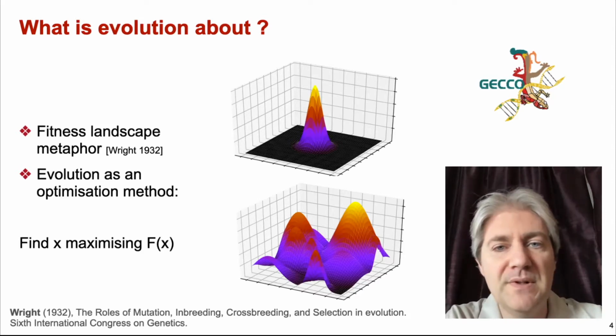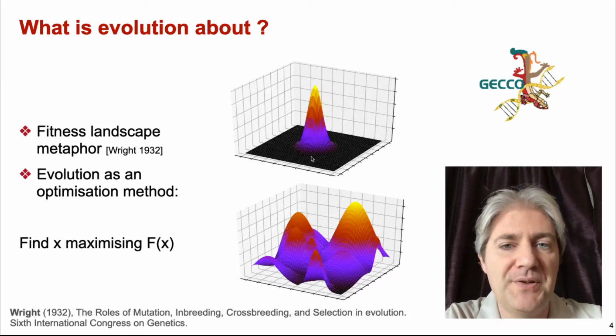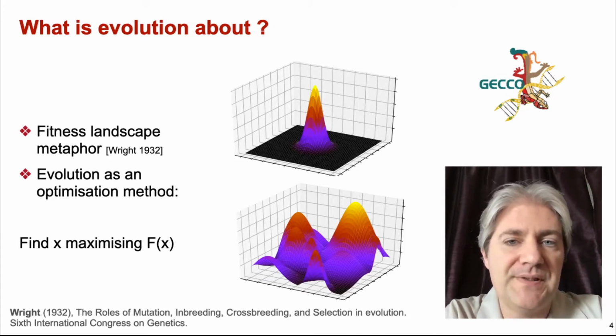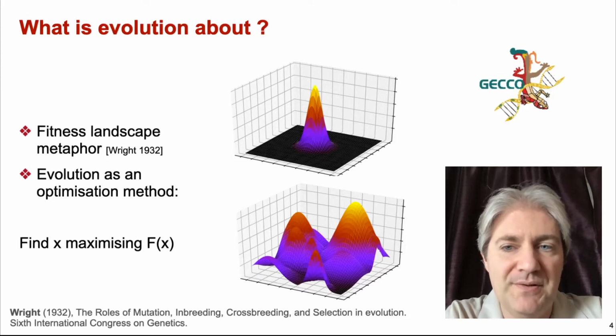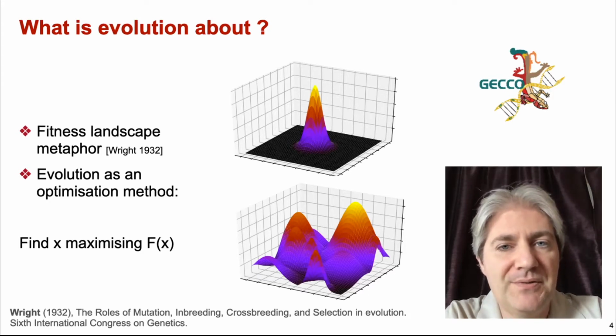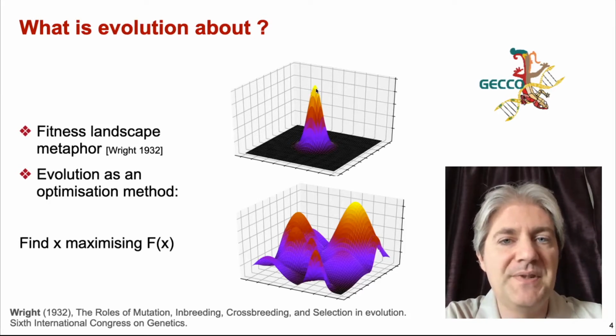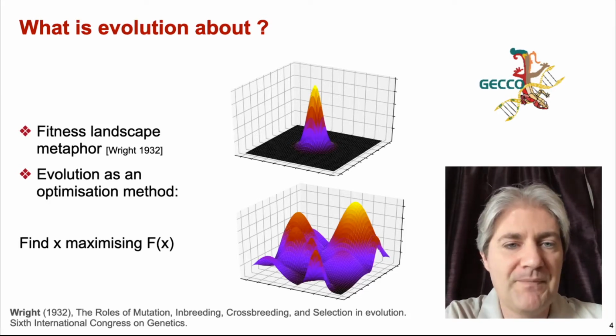In this view, the population is moving in a genotype space, looking for peaks of fitness. It shows the evolutionary process as an optimization search that tries to climb up the peaks of fitness to look for the optimal value at the top of it.